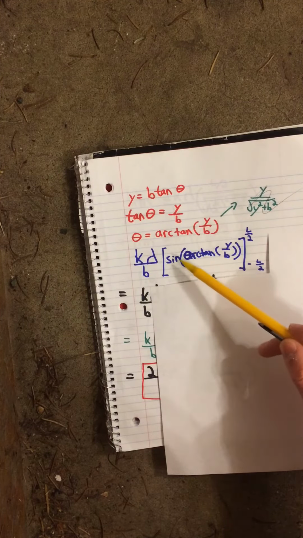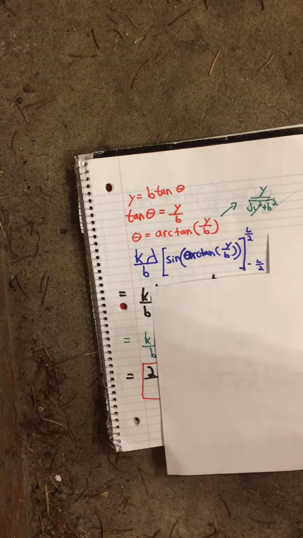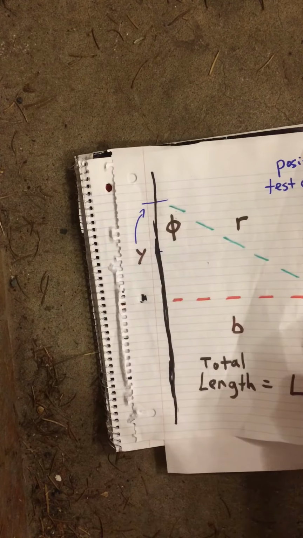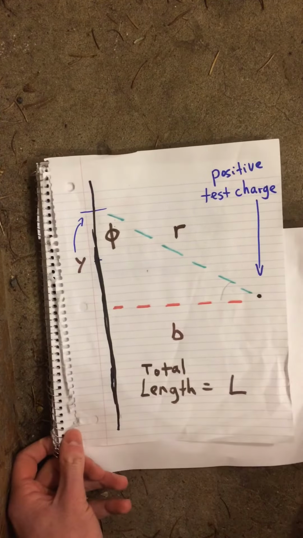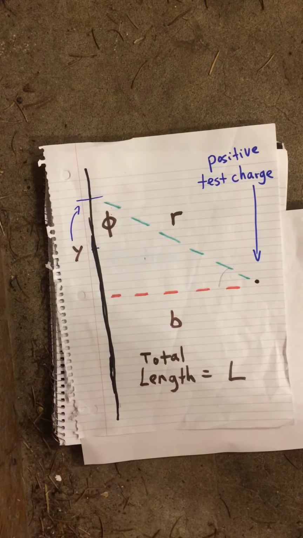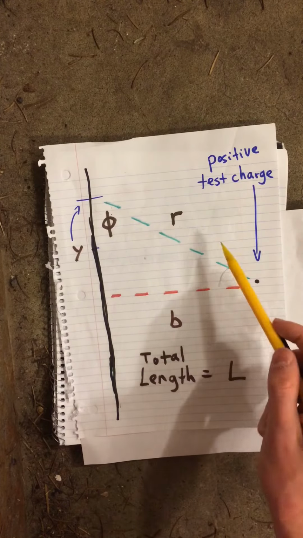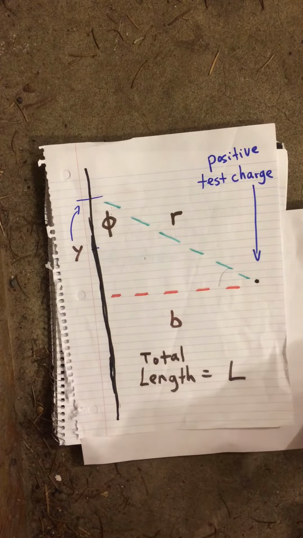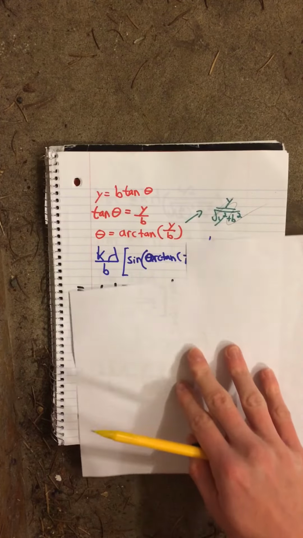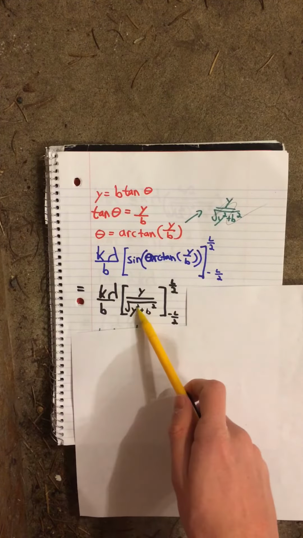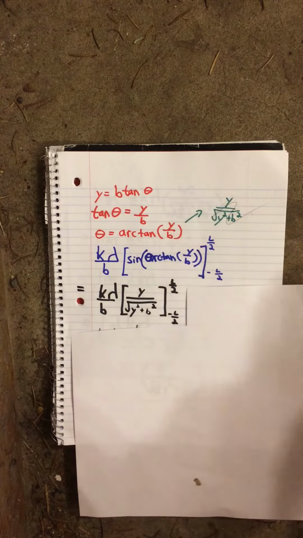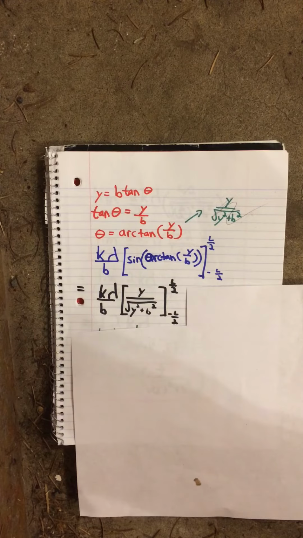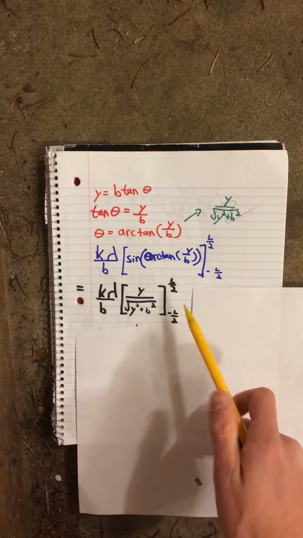And so, sine of arctangent of y over b, well, if we're looking at this angle here, then the sine of that angle is just going to be opposite over hypotenuse, so y over r. And therefore, y over r is y over square root y squared plus b squared, which is what I wrote up here. That's not the angle, that's the ratio. That's sine of arctangent of y over b. So we now have this, which is very close to completion.